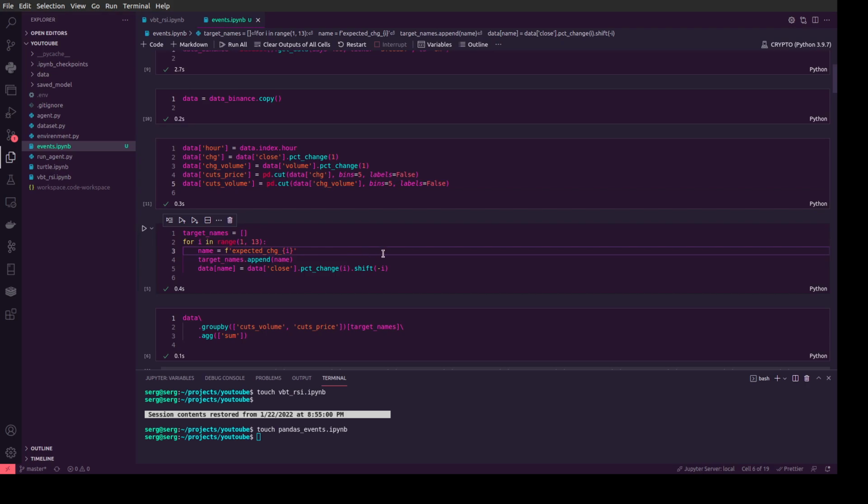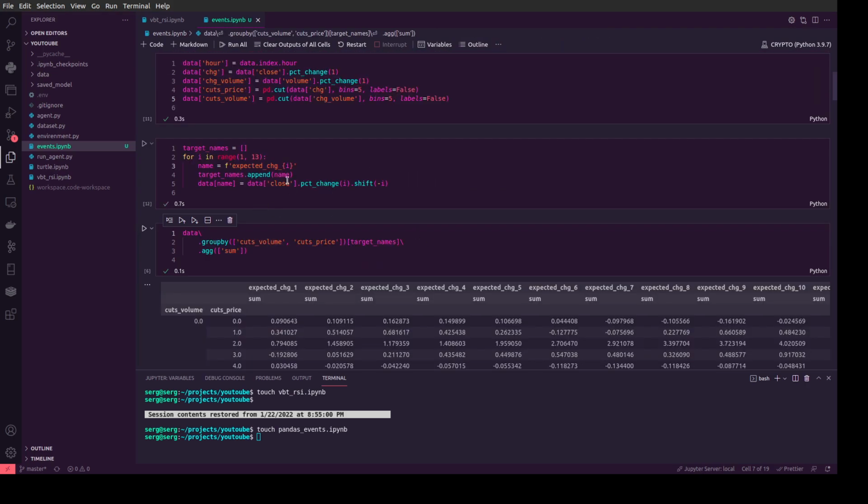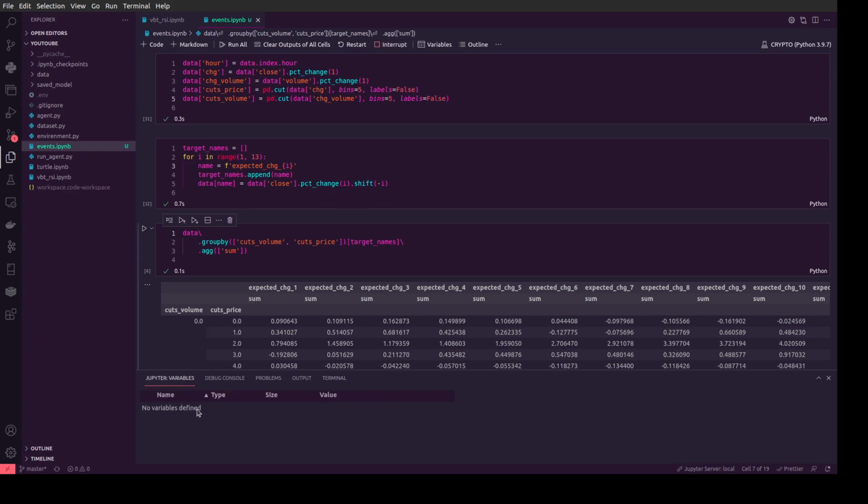Next we calculate our targets. Let's do it, and I'm going to make 12 targets.